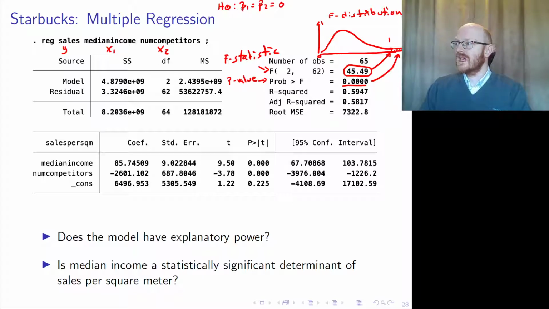We reject the hypothesis that both of these population slopes are equal to 0.